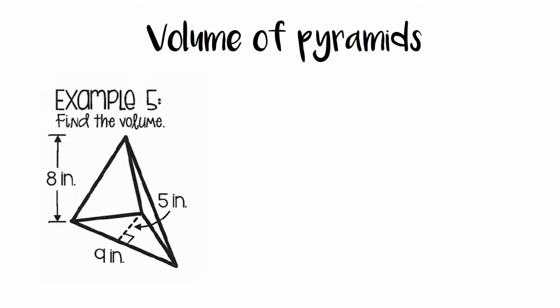Okay, now we're looking at example number 5. So remember our formula, 1/3 times the big B, or the area of the base, times the height. So in this picture, we have a triangular base where 9 is the tiny b in our triangle formula, and 5 is the tiny h in our triangle formula for the area of a triangle.